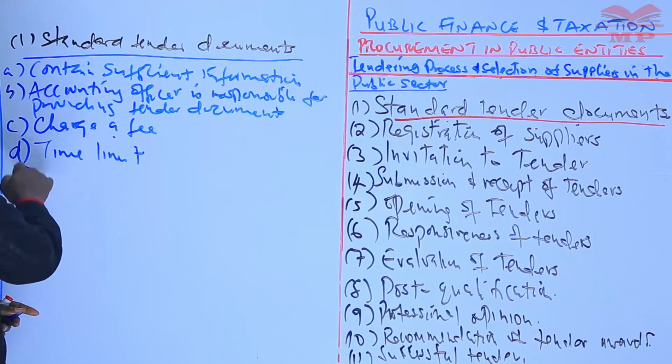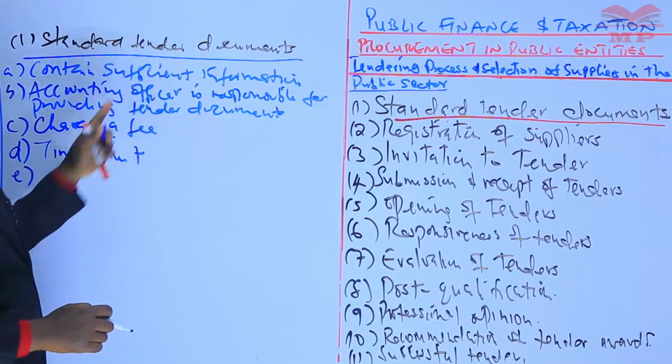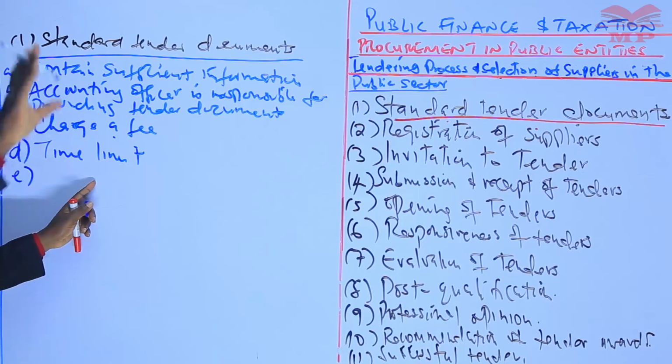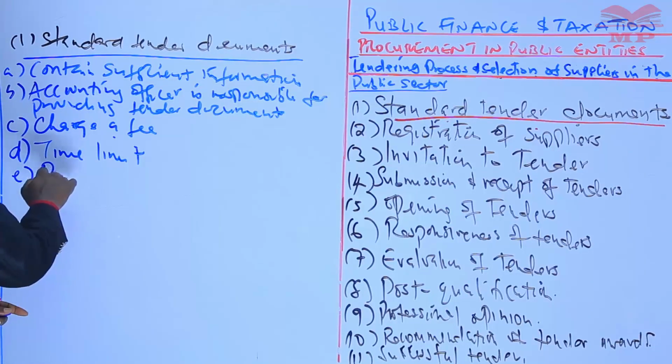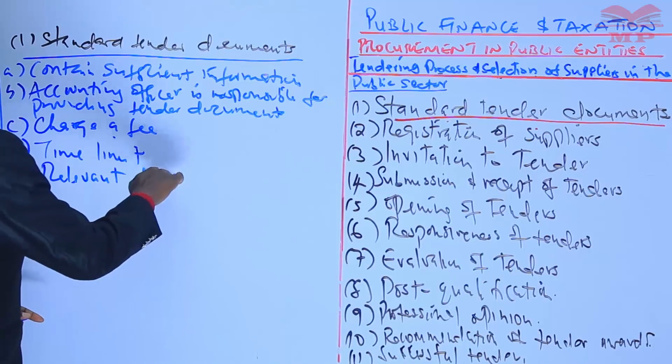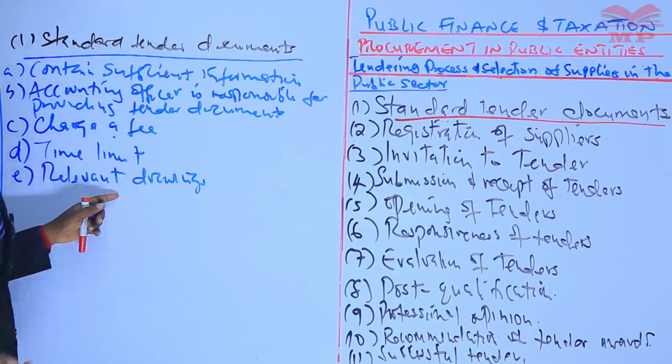So the standard tender documents, when it comes to works, if works are being procured, then there ought to be relevant drawings. These are relevant drawings by engineers.